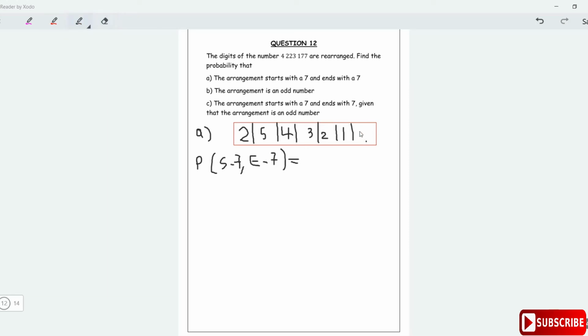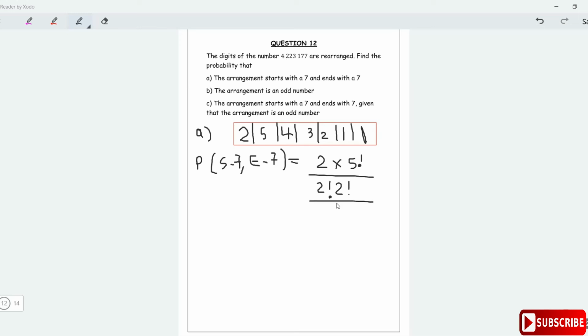So the probability of starting with a 7 and ending with a 7 is 2 times 5 factorial over how many numbers are being repeated. 2 is repeated twice, 7 is repeated twice, so it's over 2 factorial times 2 factorial, and then it is of course divided by n factorial.